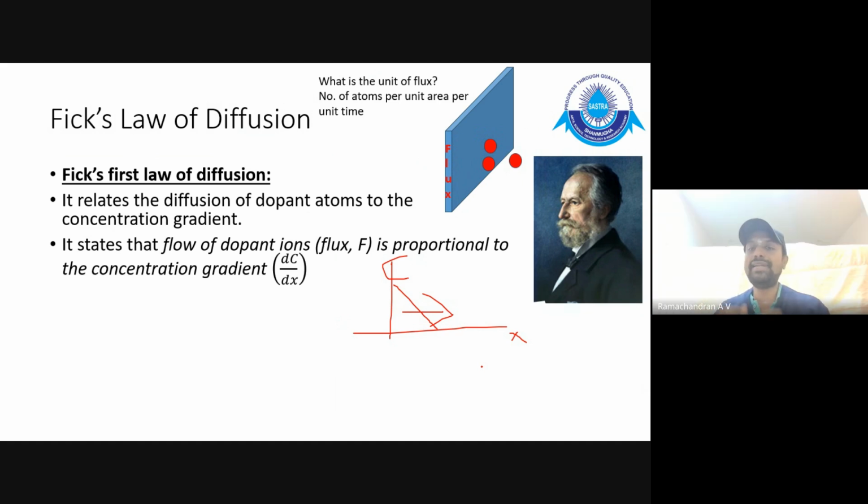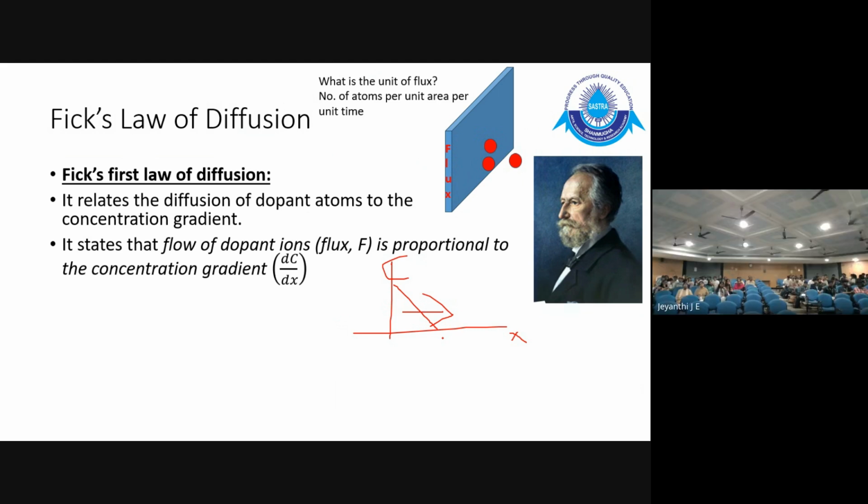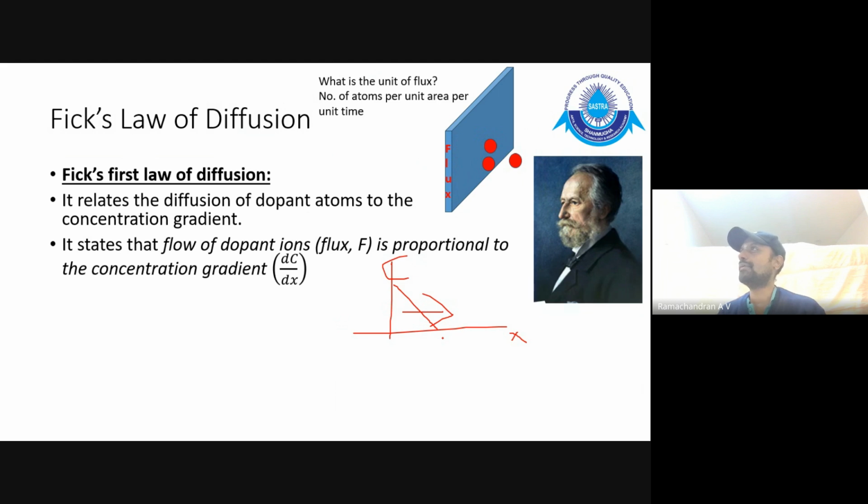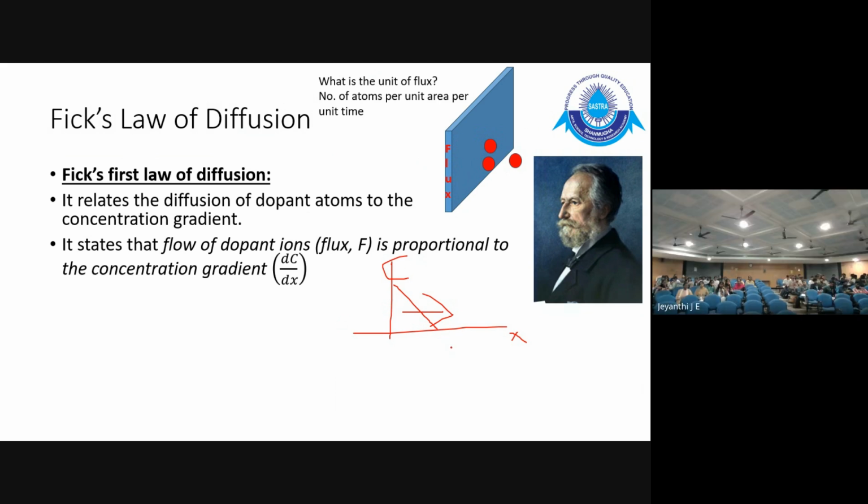Right. Now if you take dc by dx for this line, what value will you get? Do you have any idea about the slope here? What can you say about the slope for this decreasing line?